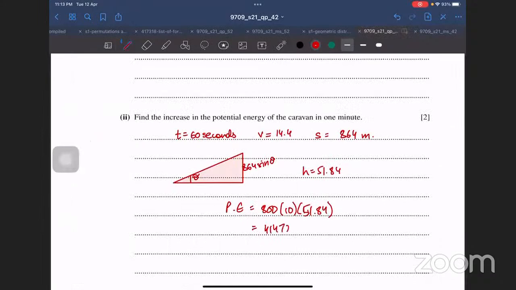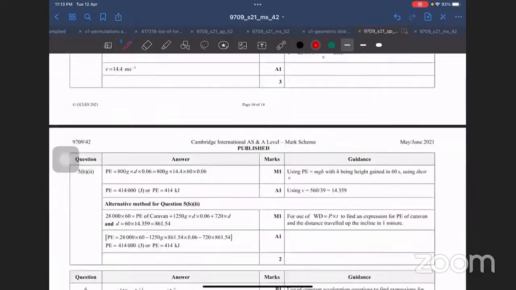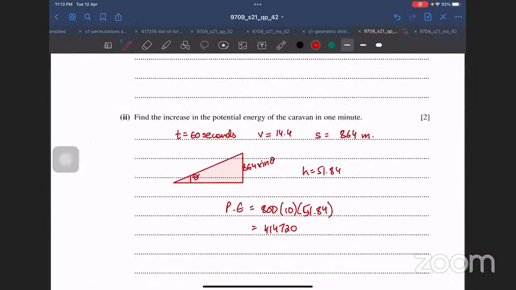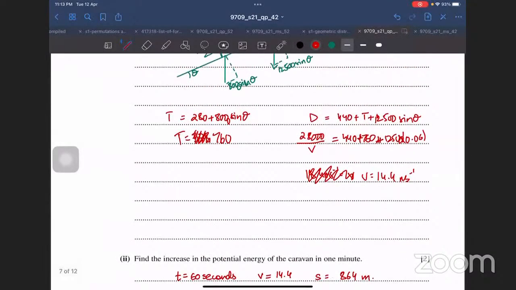414720. I have a small rounding off error because this was supposed to be 14.359.